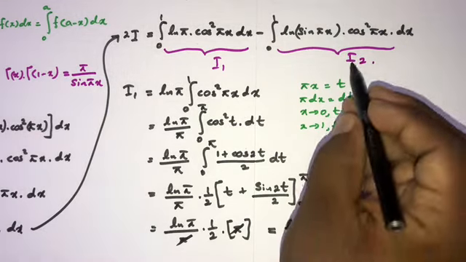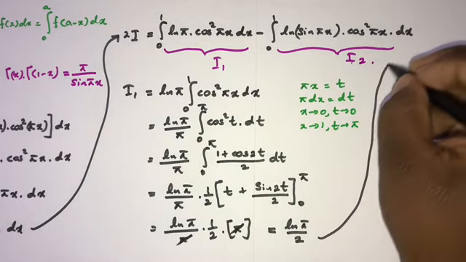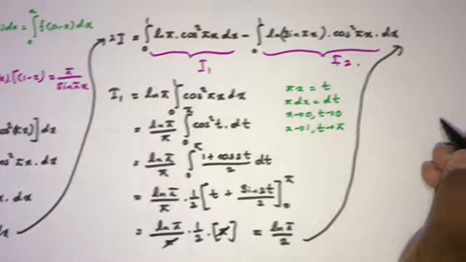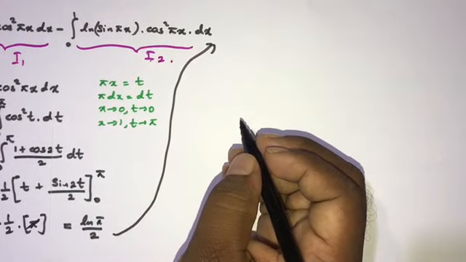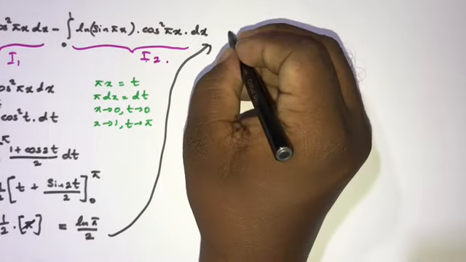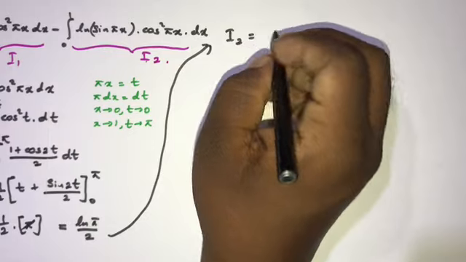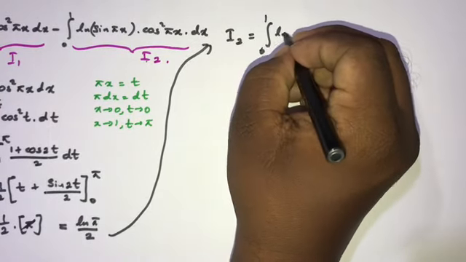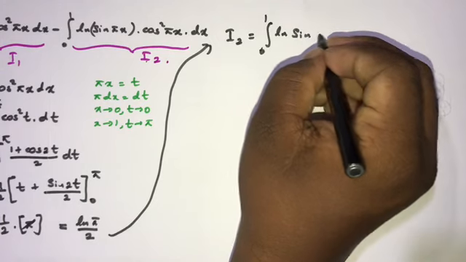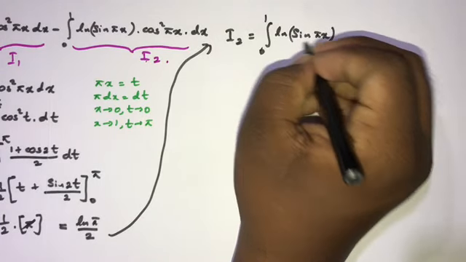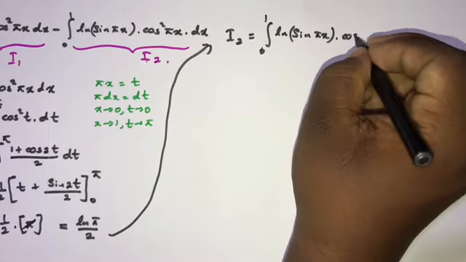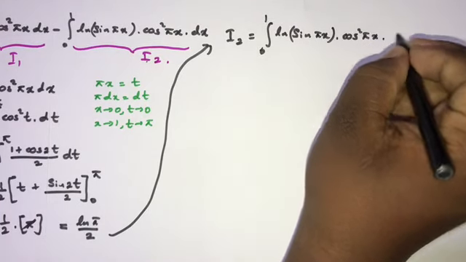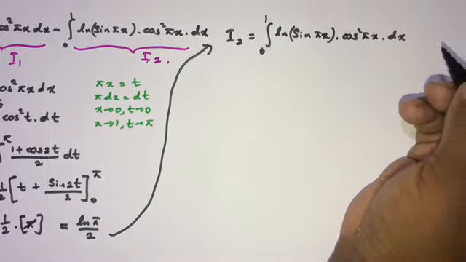Well, now I2. I2 is equal to the integral from 0 to 1 of natural log of sine of pi x times cosine square of pi x dx.